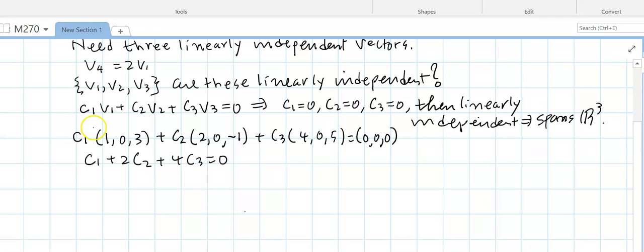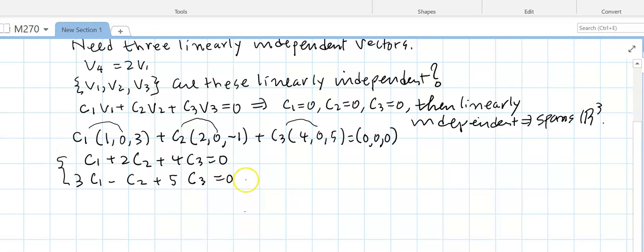Now the second one is C1 times 0 plus C2 times 0 plus C3 times 0 is 0. So that second equation doesn't give me any new information. So we'll go to the third one, which is 3C1 minus C2 plus 5C3 equals 0. So we deal with these two equations.